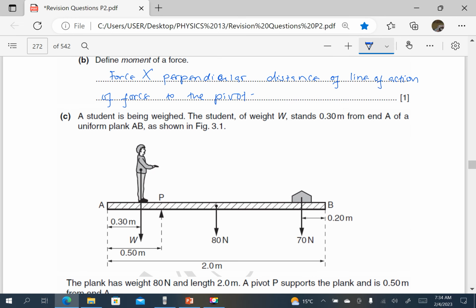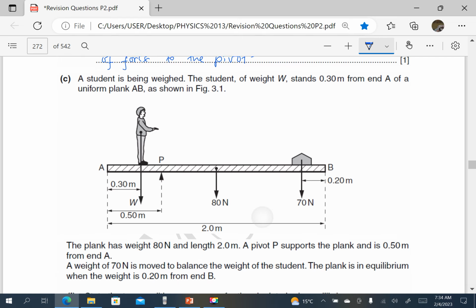Force times perpendicular distance of line of action of force to the pivot, that is moment of the force.